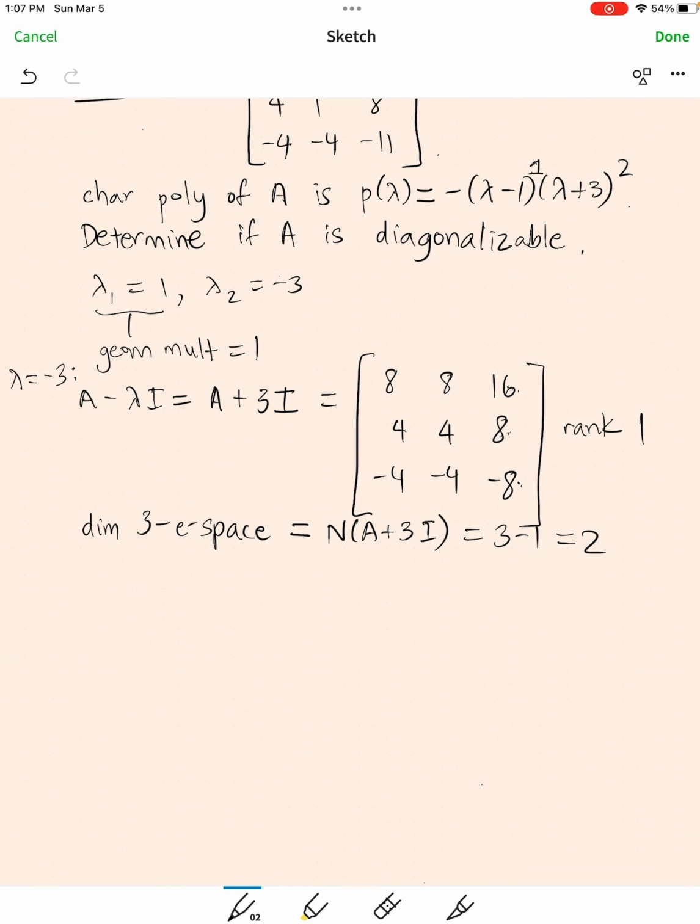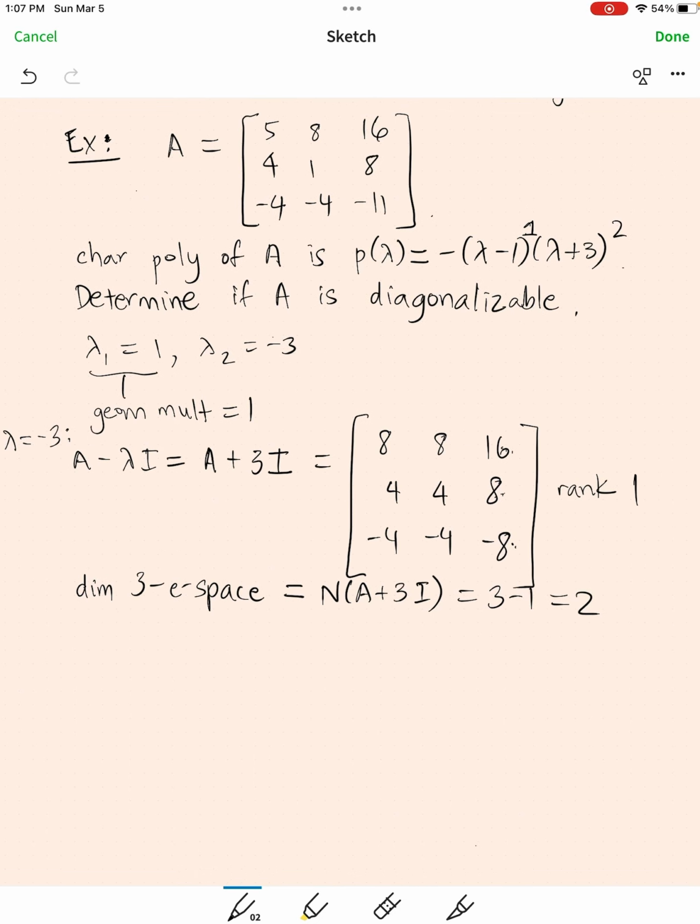And so what do we conclude? Is A diagonalizable? Yes, we conclude that A is diagonalizable. Right.